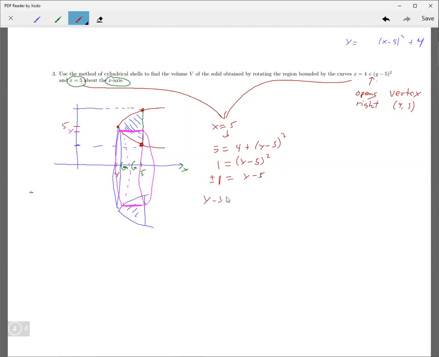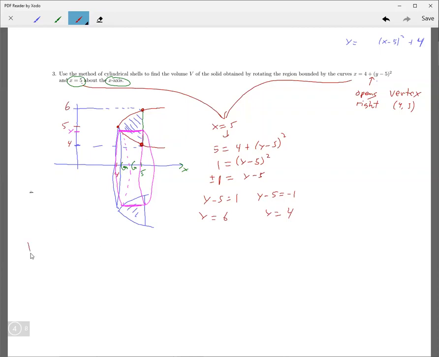So y minus 5 equals 1, y minus 5 equals negative 1. Okay, so here you get y equals 6, or y equals 4. So that's actually going from 4 to 6.